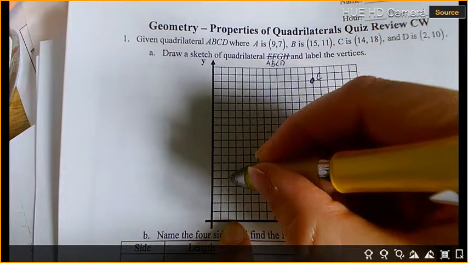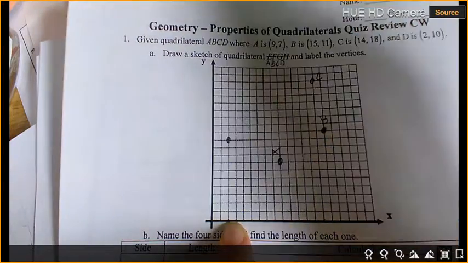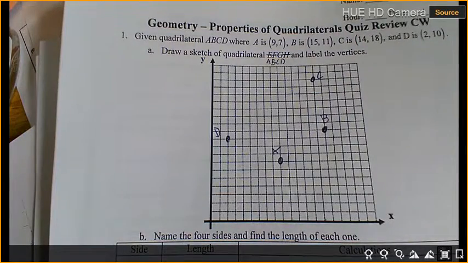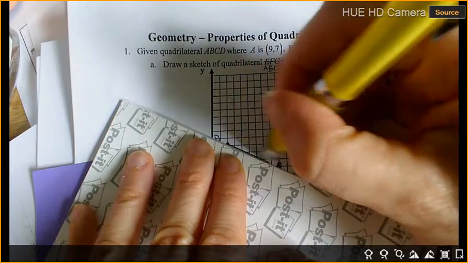And D is over 2, up 10: 2, 3, 4, 5, 6, 7, 8, 9, 10. There's D. And then I'm going to use a straight edge to connect the sides.